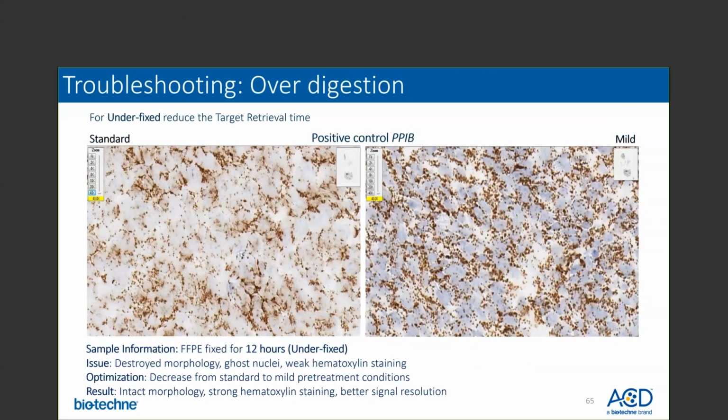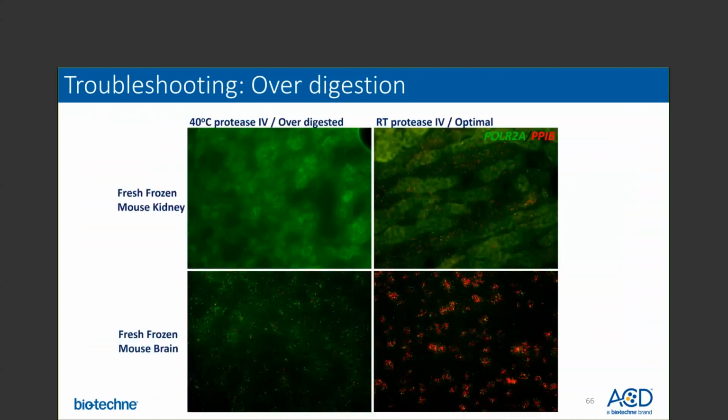Overdigestion from protease pretreatment can also affect fluorescent RNAscope signal quality. With the mouse kidney sample shown in the top panel, you can see there is quite a bit of tissue autofluorescence on the left when protease digestion is performed at 40 degrees. The tissue is overdigested, and not only do you not see any punctate signal, there is also an increase in background.